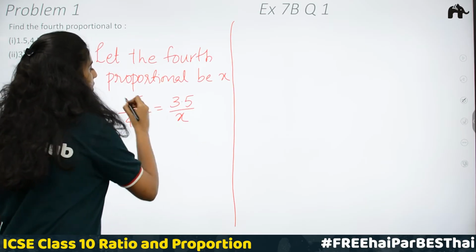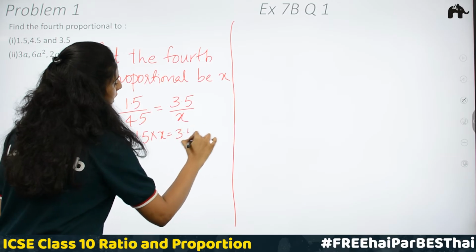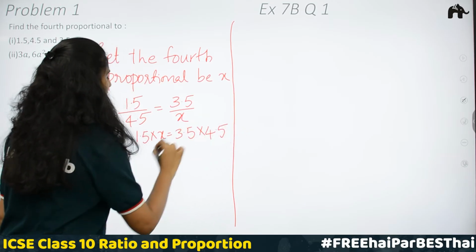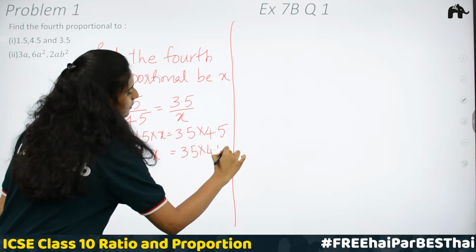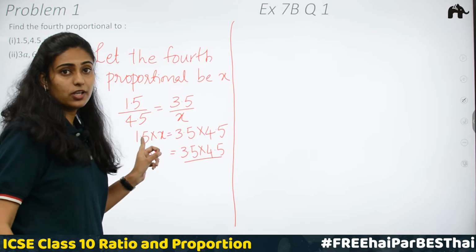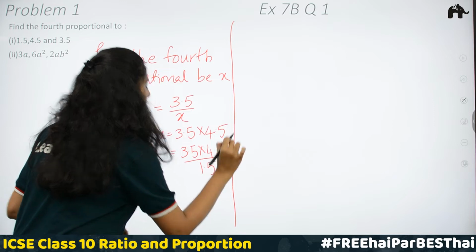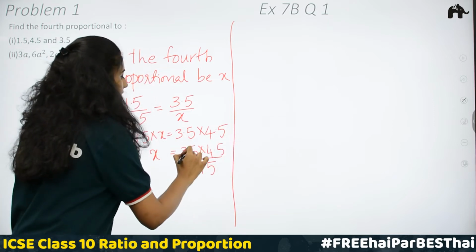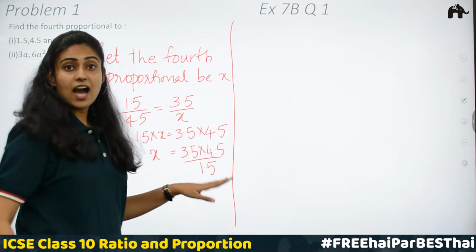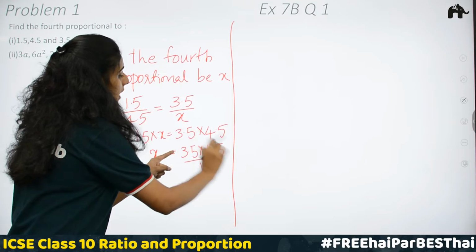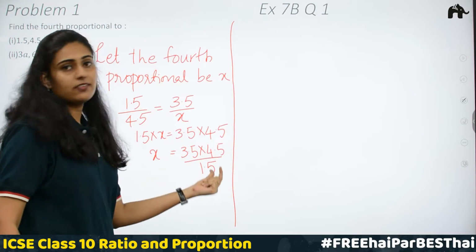Next step, cross multiplying. 1.5 into x is equal to 3.5 into 4.5. Then x is equal to 3.5 into 4.5 divided by 1.5, taking this 1.5 to the opposite side, it becomes division. Now we can remove decimals. That is 3.5 into 10, 4.5 into 10 divided by 100. Because in the numerator we are multiplying with 100, therefore in the denominator also we need to multiply with 100.